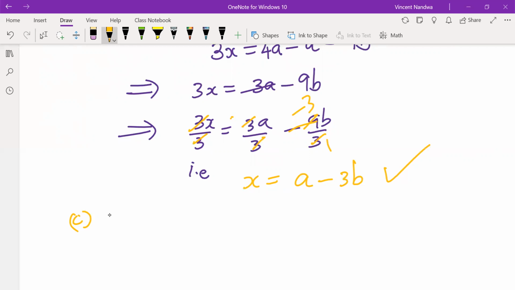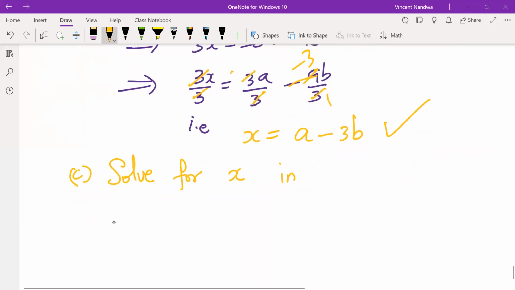C, solve for x in a plus b equals w minus x plus y.